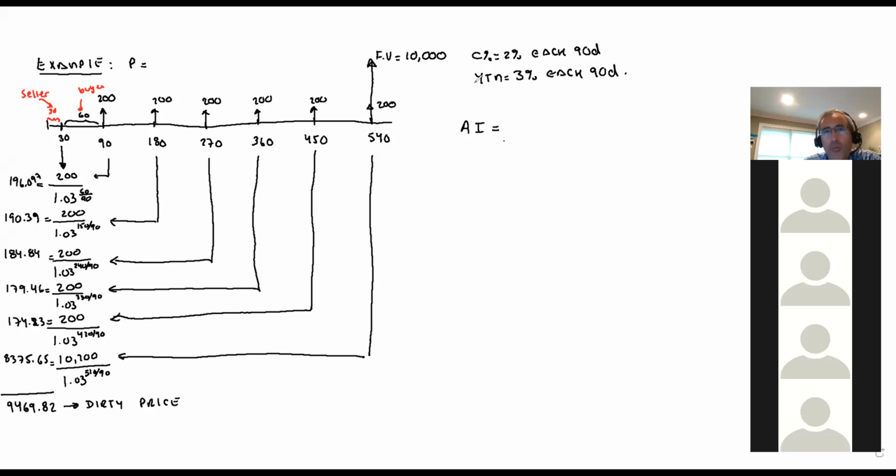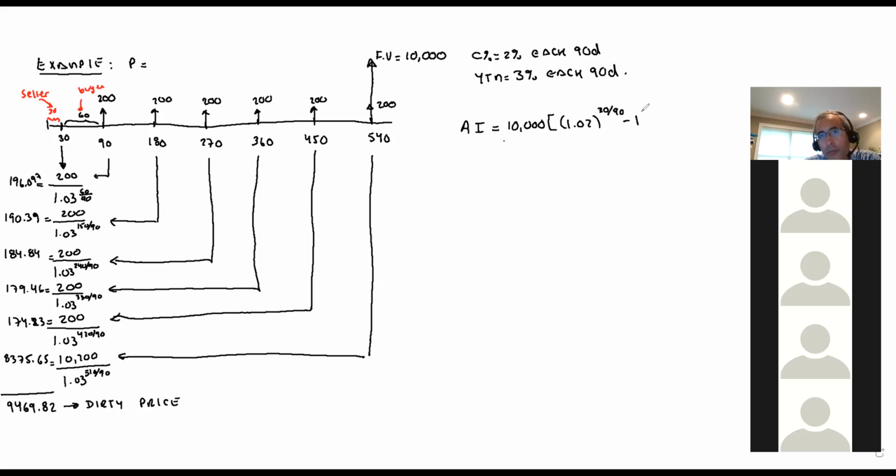Remember, how do you compute the coupon, guys? It's going to be $10,000 times 2%, right? Agree with me or not? This $200. So the accrued interest is simply the interest that corresponds to these 30 days. So it's going to be my $10,000. I need to compute the interest rate for that period. So it's going to be 1.02 to the 30 over 90 minus 1.